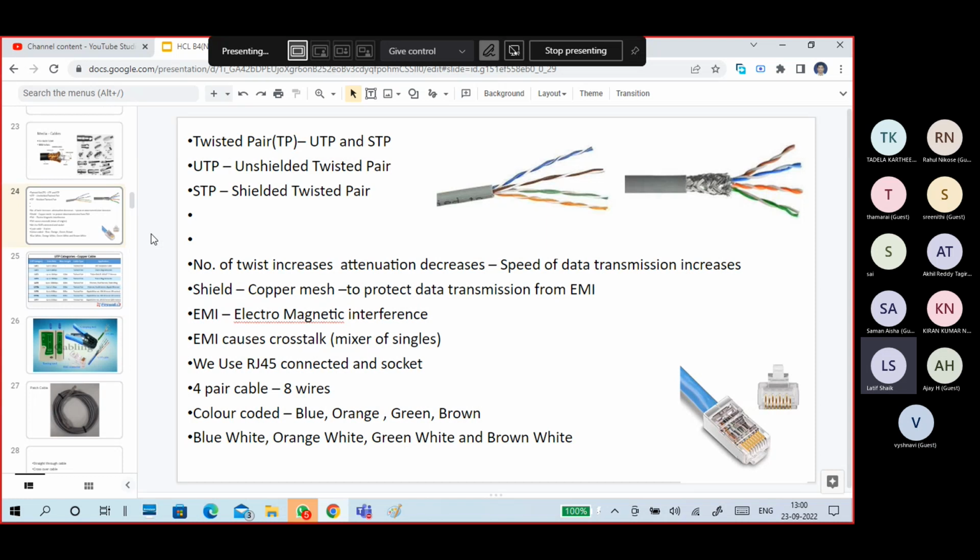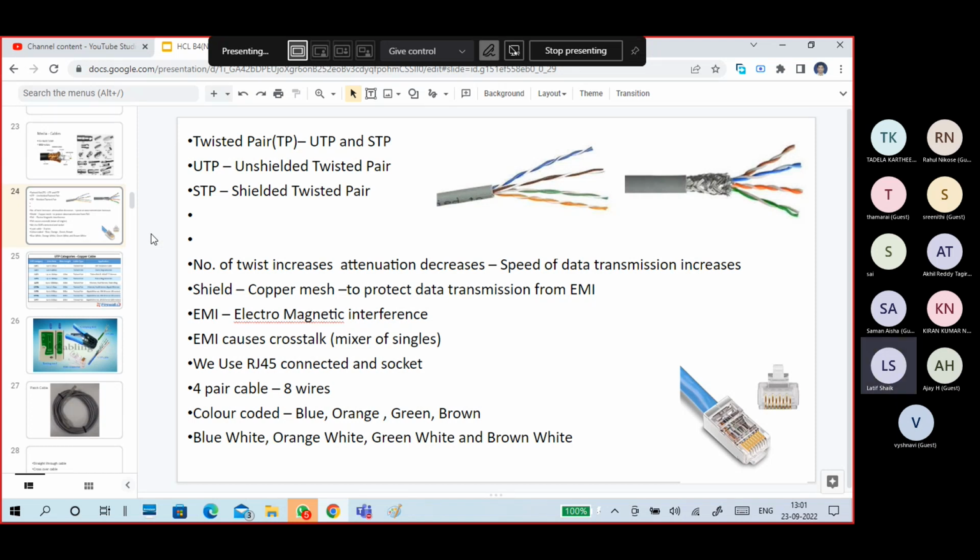Why twisted pair cable? Each pair of wires is twisted around each other. There are two types: unshielded twisted pair cable and shielded twisted pair cable. In shielded cable, there is a shielding which protects against electromagnetic interference and also strengthens the cable.